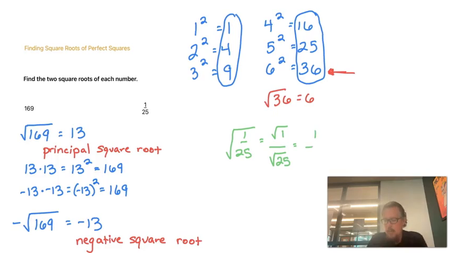And the square root of 25, well, 5 times 5 is 25, so the square root there could be 5. And this is the principal square root because it is positive.